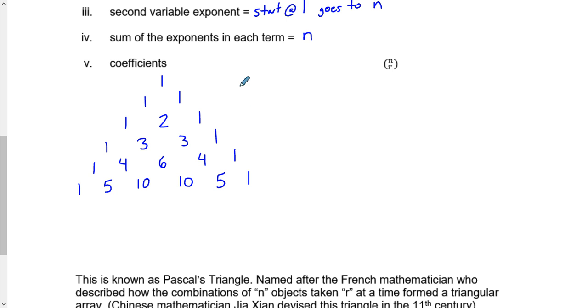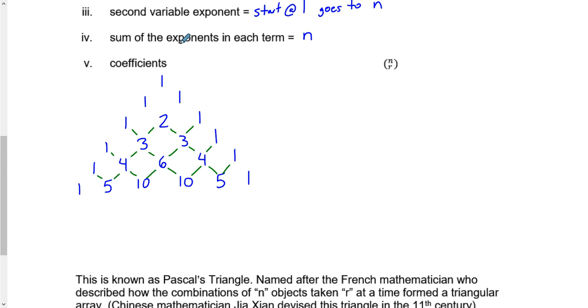Now you might not be able to see the pattern, but there is for sure a pattern. You can see that 1 and 2 produces 3. 2 and 1 produces 3. 3 and 1 produce 4. 3 and 3 produce 6. 1 and 3 is 4. 1 and 4 is 5. 4 and 6 is 10. 6 and 4 is 10.